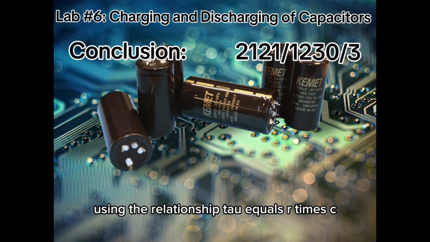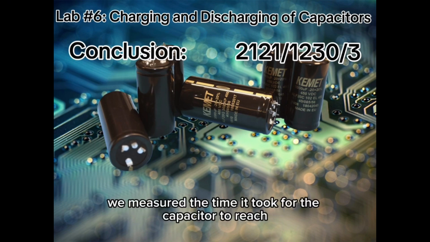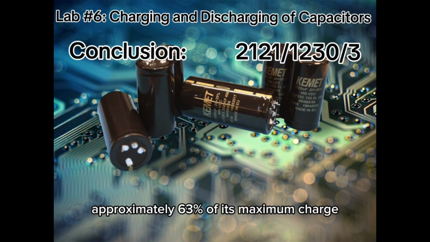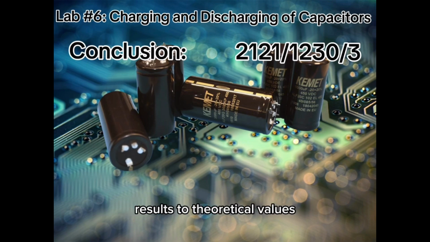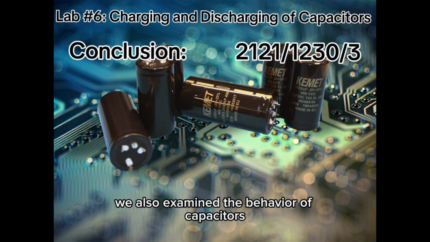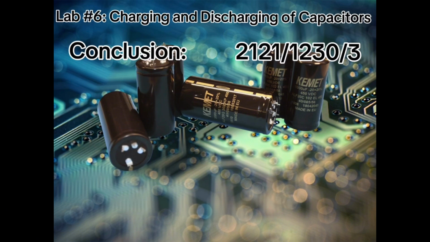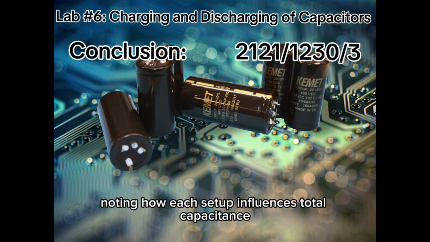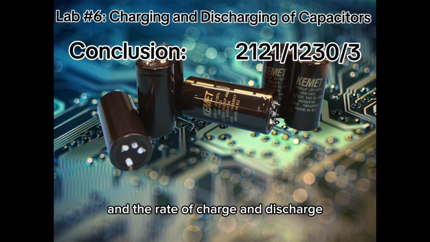Using the relationship tau equals R times C, we measured the time it took for the capacitor to reach approximately 63% of its maximum charge and compared our experimental results to theoretical values. We also examined the behavior of capacitors connected in series and parallel, noting how each setup influenced total capacitance and the rate of charge and discharge.